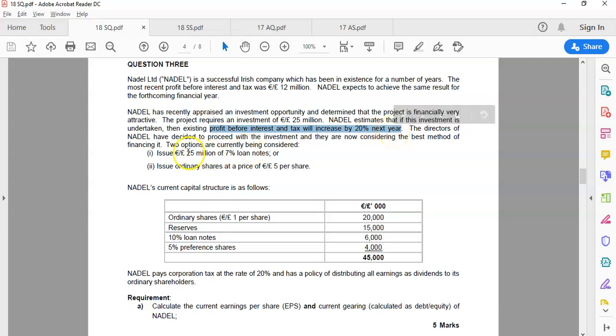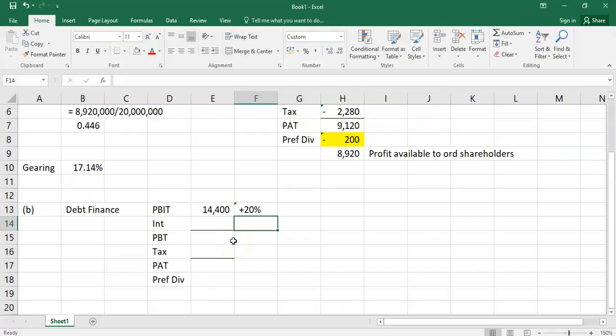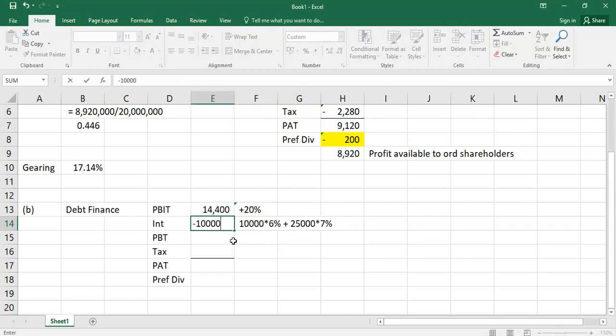You're told then they're going to issue 25 million 7% loan notes. So your interest now is going to be 10 million at 6% because you still have the normal debt plus 25 million at 7%. So your interest will be higher. It's now going to be 2.3 million.